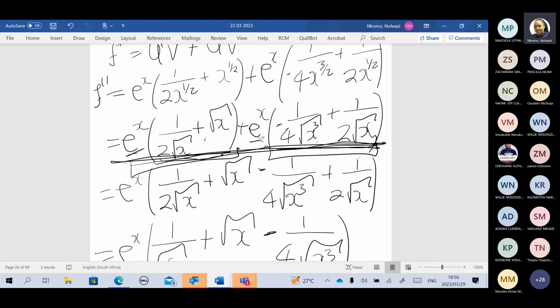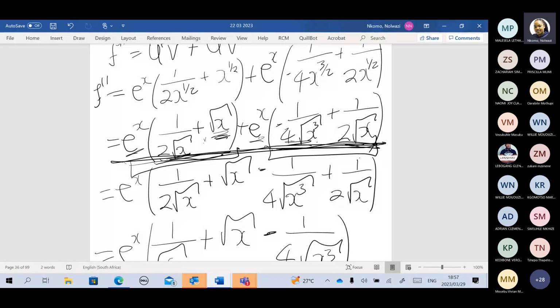If this bracket wasn't here, say if we had e to the power x times this plus root this plus e to the power x times this, then plus here, we wouldn't have taken e to the power x as a common factor, because we only have e to the power x here and here, since we removed the brackets.